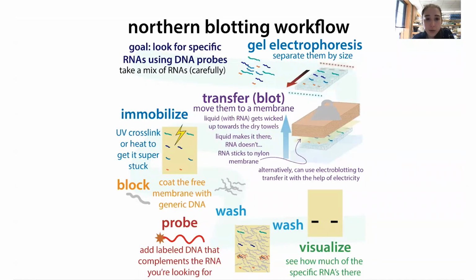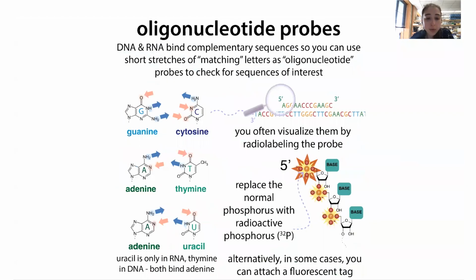So when we're doing a northern or a southern blot, remember we're using probes that are going to recognize specific sequences. So we need to make sure the specific sequences are visible. They're not going to be visible if they're hidden by another strand. So if you have double-stranded DNA, you're going to have another strand blocking the binding spot. RNA is not typically double-stranded, but it does fold up on itself and make all these hairpins and these cool structures. These structures are, one, going to interfere with the movement through the gel, and two, hide the binding sites.